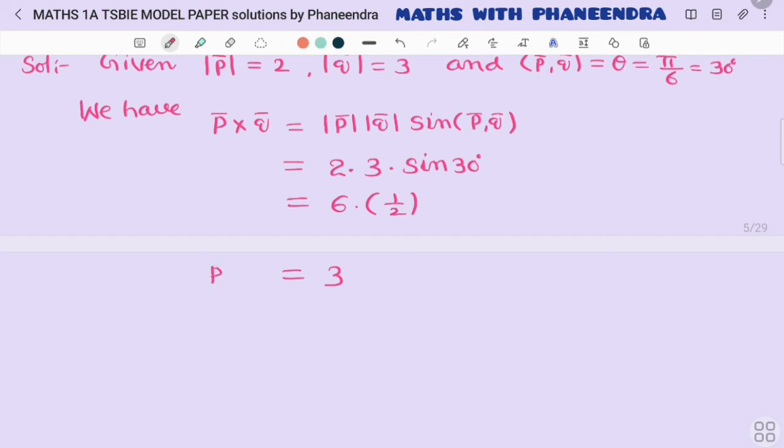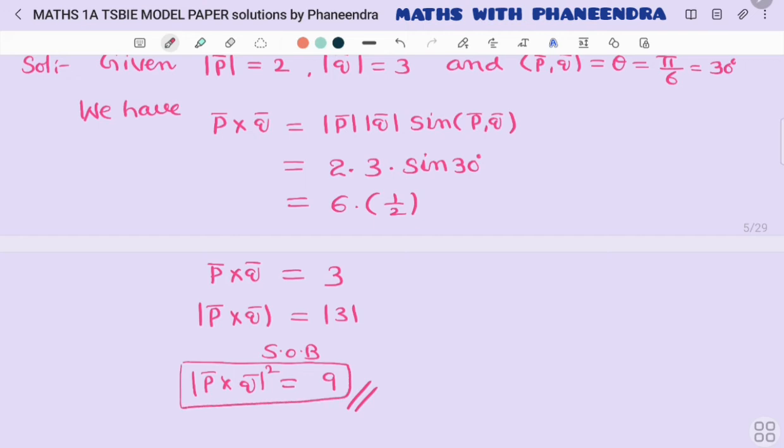So mod p bar cross q bar is equal to 3, squaring on both sides, mod p bar cross q bar whole square is equal to 3 square, which is 9. So that's what they are asking.